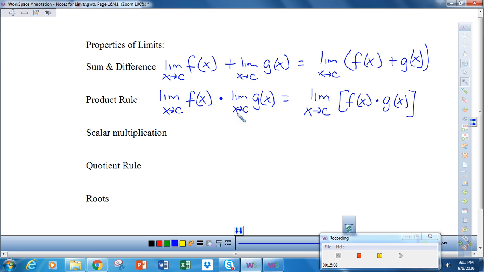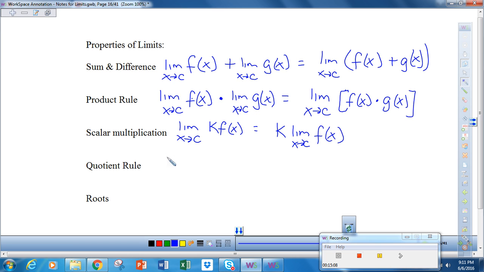So the product of the limits is the limit of the product. Scalar multiplication: the limit as x approaches c of, let's give it some constant k, of f of x is equal to k times the limit as x approaches c of f of x.